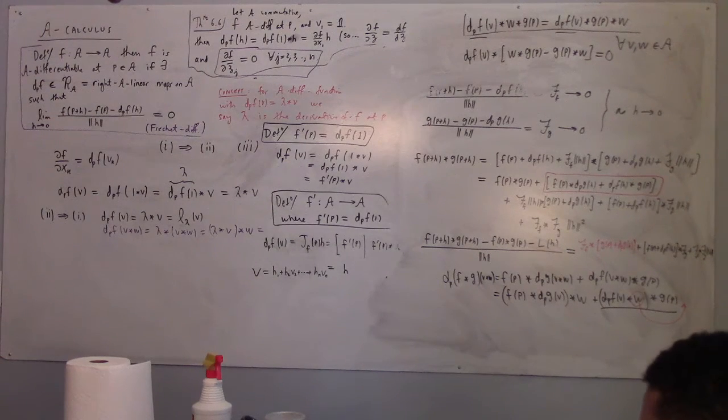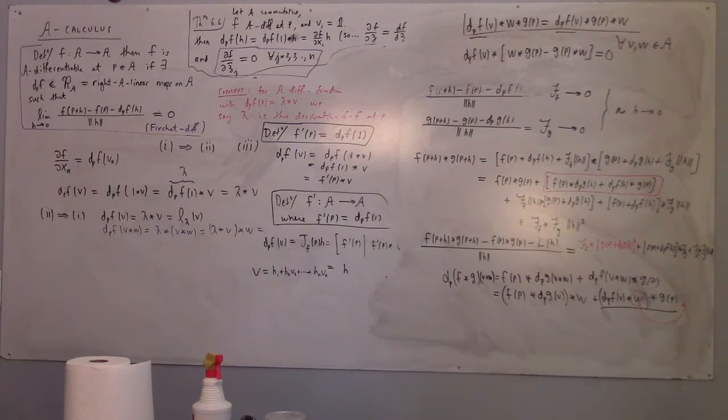And why does that matter? Look at equation 59. If we're in row 6, 6-2 is 0.